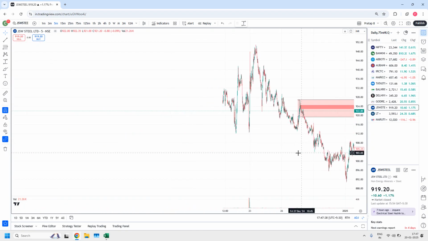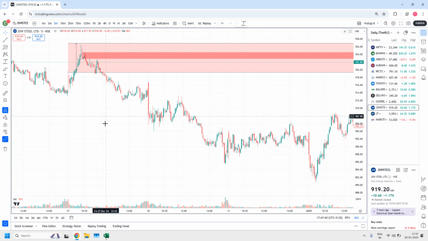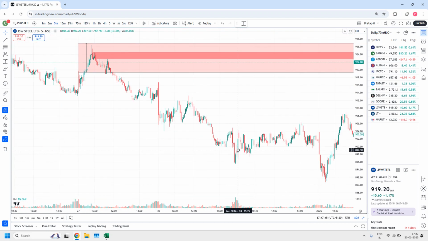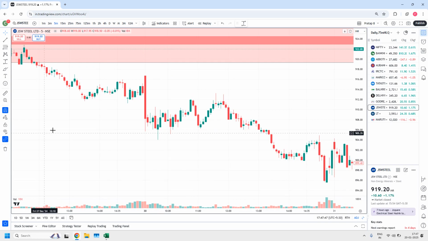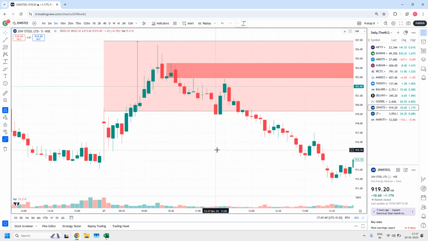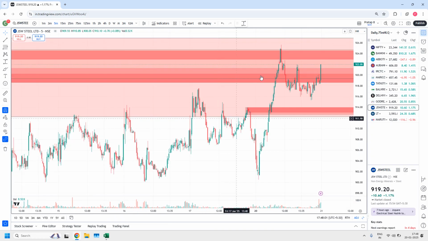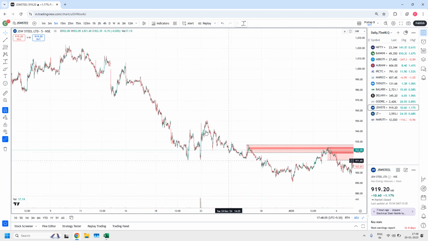This 5 minute zone area. Exactly from here it moved up, moved down.